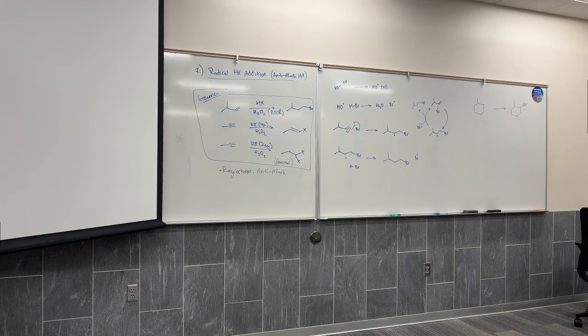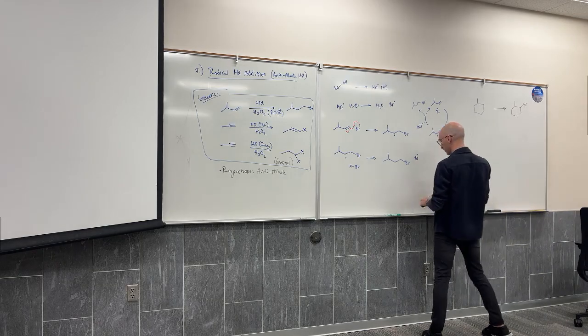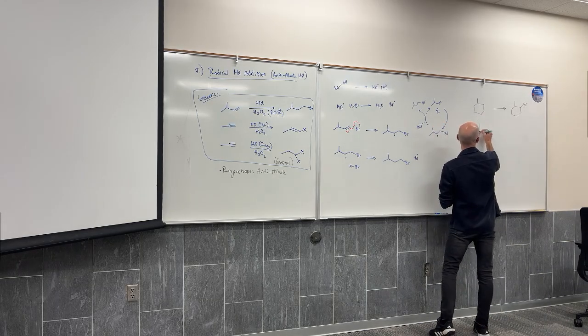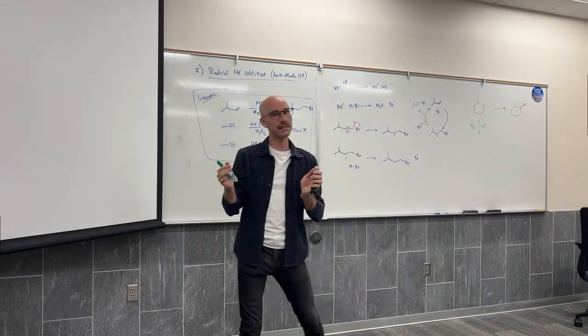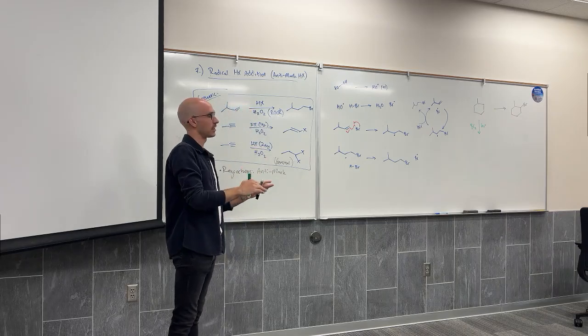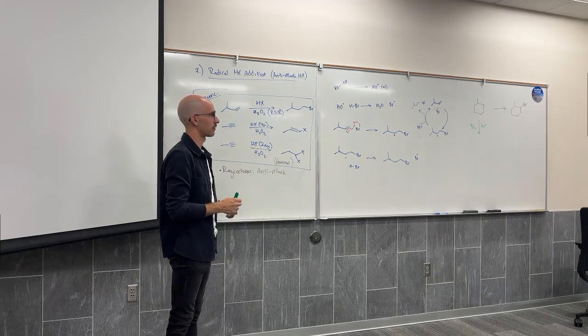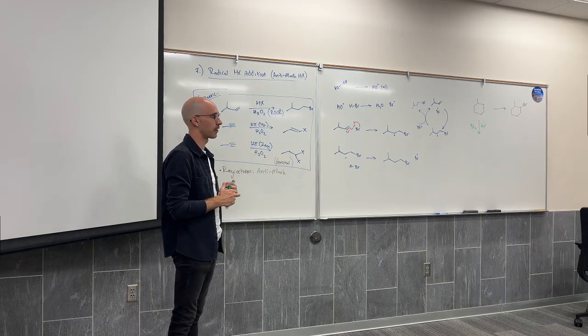Radical halogenation. So I'll take this starting material and react it with Br2 and light. NBS is not a great choice when there's not an allylic or benzylic position. Br2 is the way to go here.